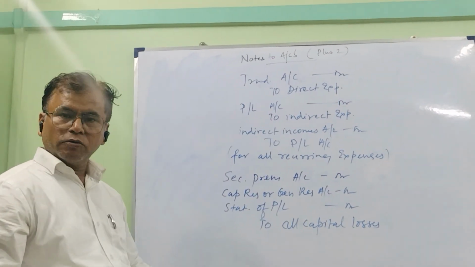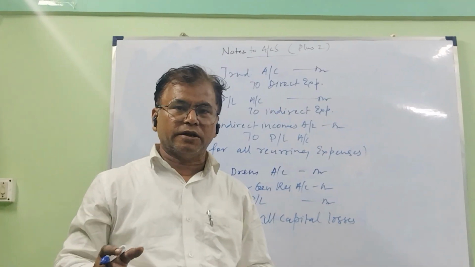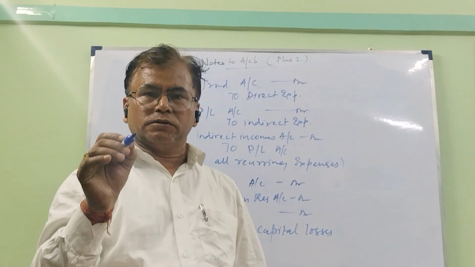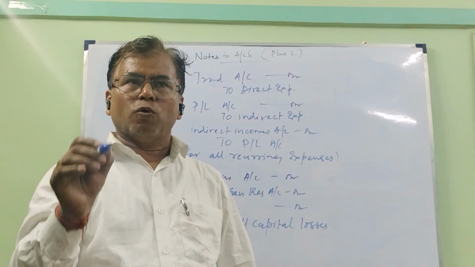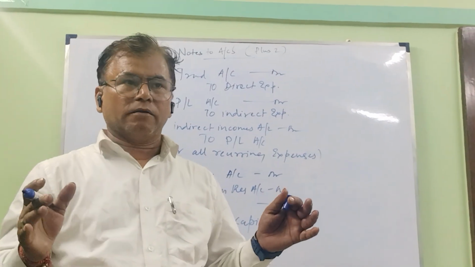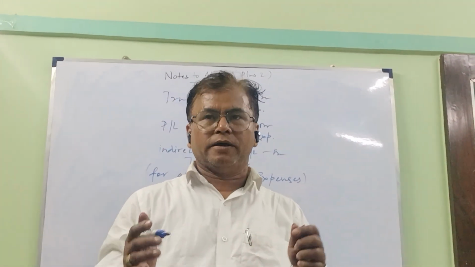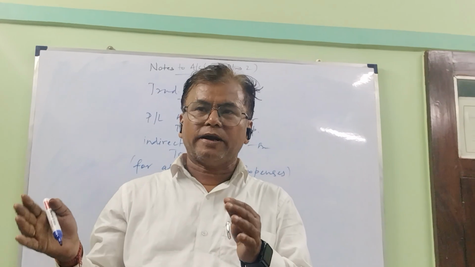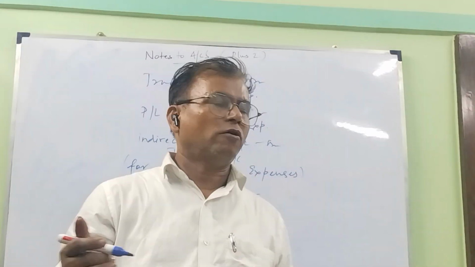I hope now the closing entries concept is clear. Closing entries generally arise only when we are towards the end of the accounting year, meaning the financial year comes to an end and we have to close all accounts.